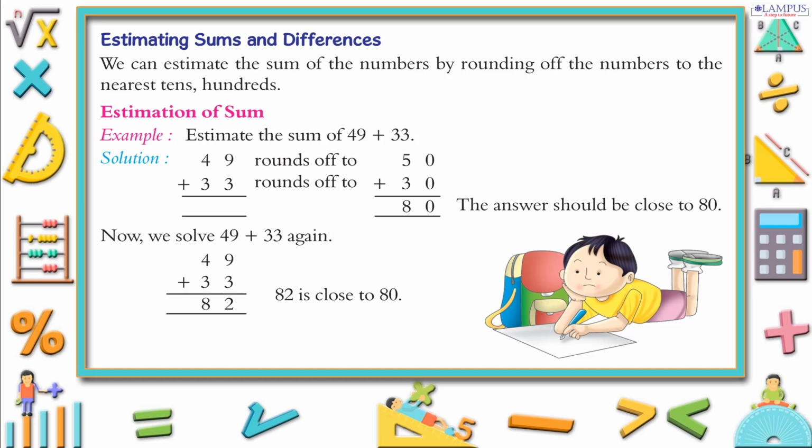Solution: 49 rounds off to 50. 33 rounds off to 30. 50 plus 30 is 80. The answer should be close to 80. Now, we solve 49 plus 33 again. 49 plus 33 is 82. 82 is close to 80.